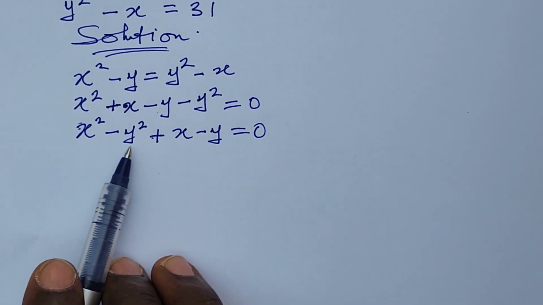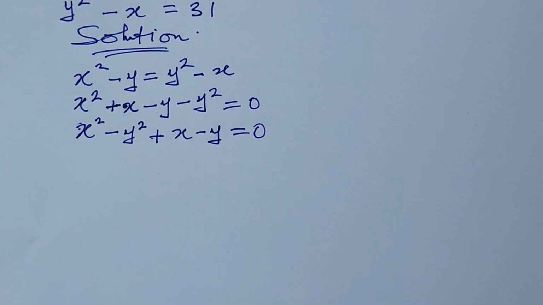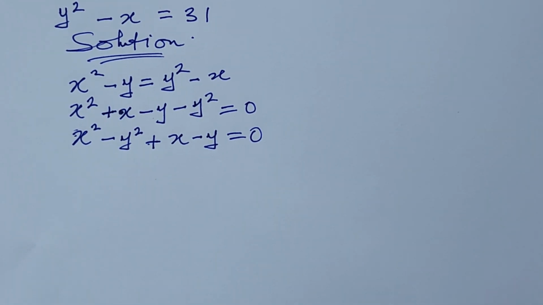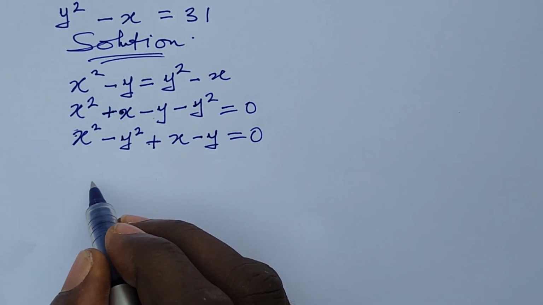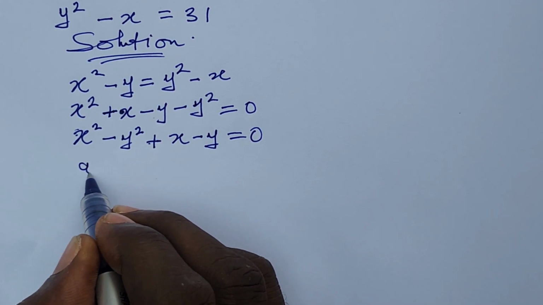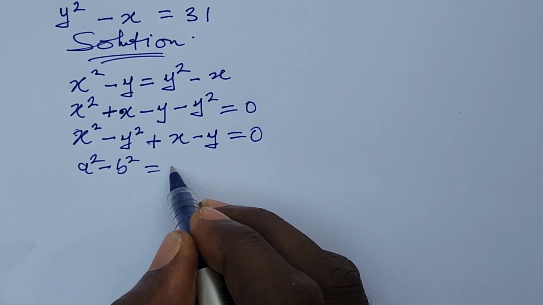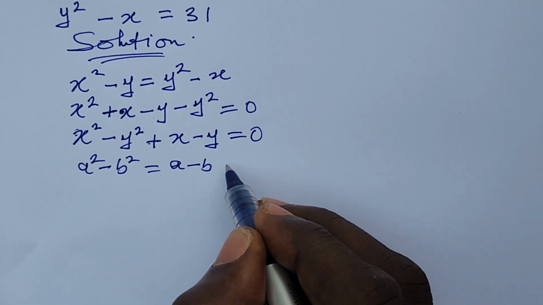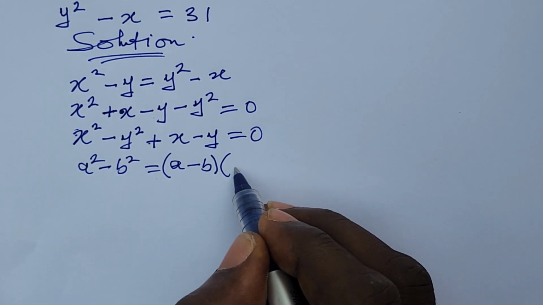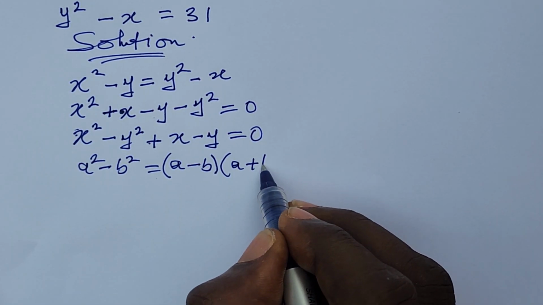Okay, now if you see these two here, what comes to mind is difference of two squares. The difference of two squares says that if you have a to the power of 2 minus b to the power of 2, this is a minus b times a plus b.